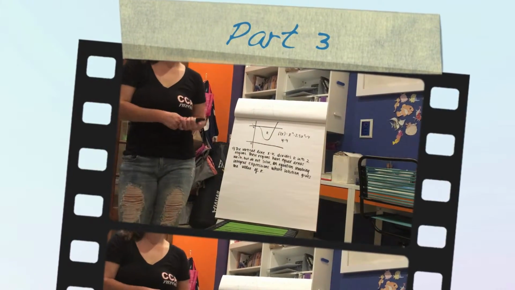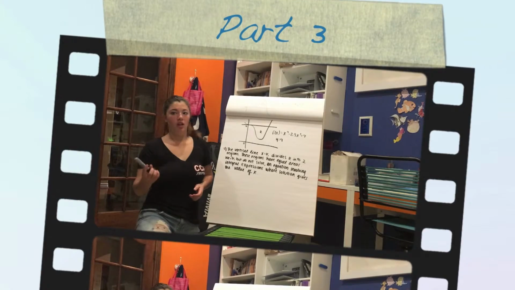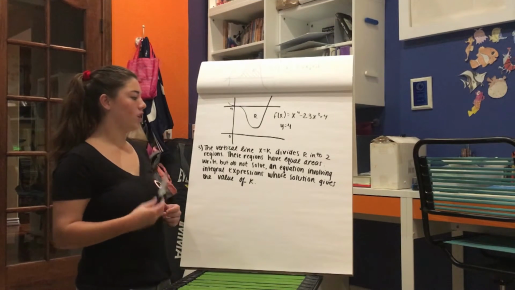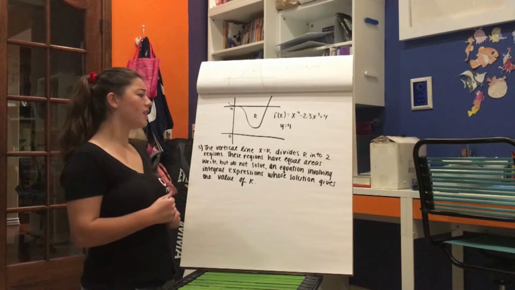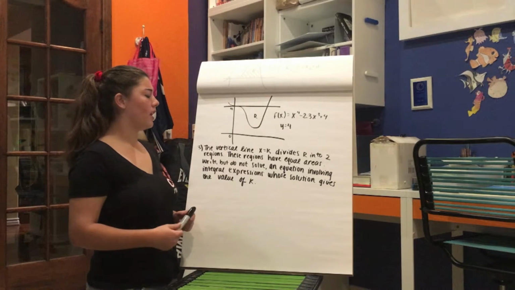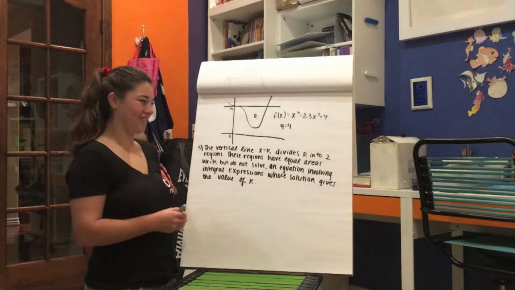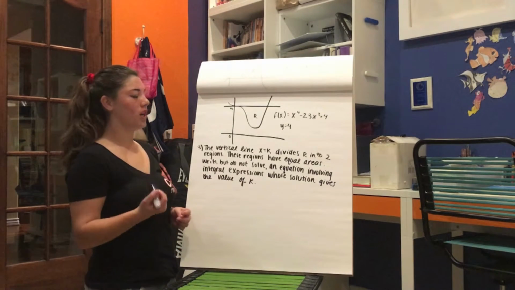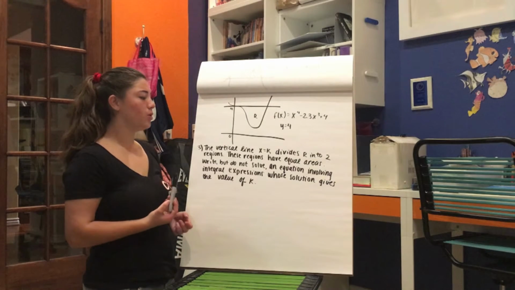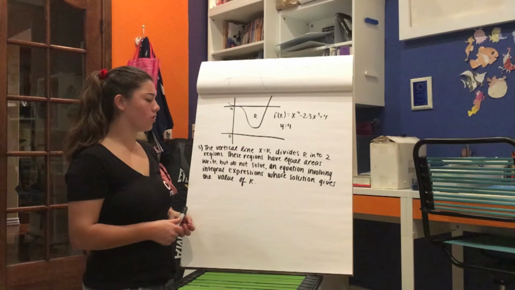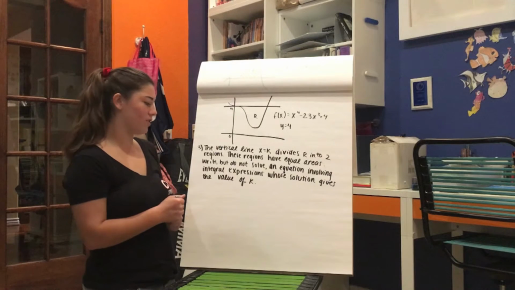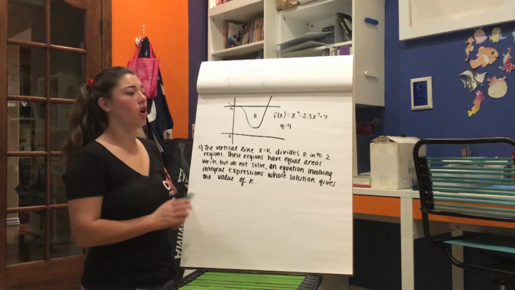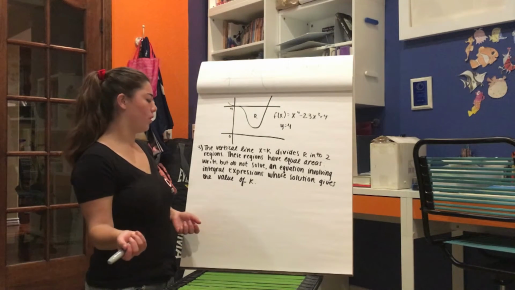Okay, so now we have part 3 of the 2014 FRQ number 2, and it asks, the vertical line x equals k divides R into 2 regions which have equal areas. Write but do not solve an equation involving integral expressions whose solution gives the value of k. Right off the bat, you know that you're solving it with an integral.